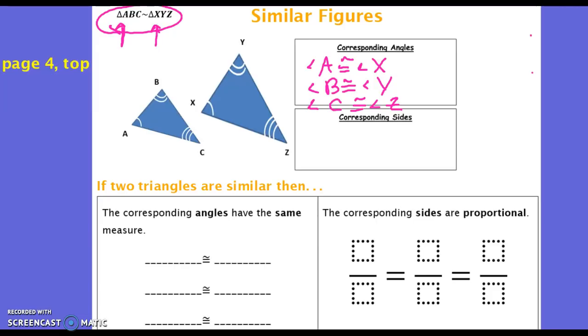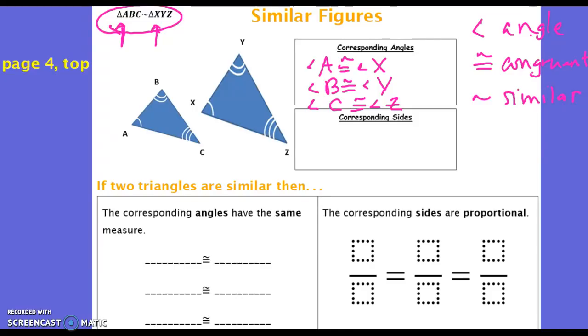So again, a lot of symbolism there. If you didn't know this already, this little sideways V kind of looks like a less than sign. That's going to be our symbol for angle. Again, this is our symbol that means congruent or equal in measure. And then this is similar, the little wave.